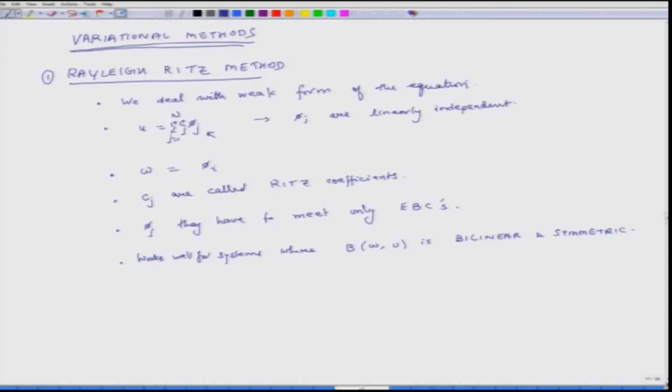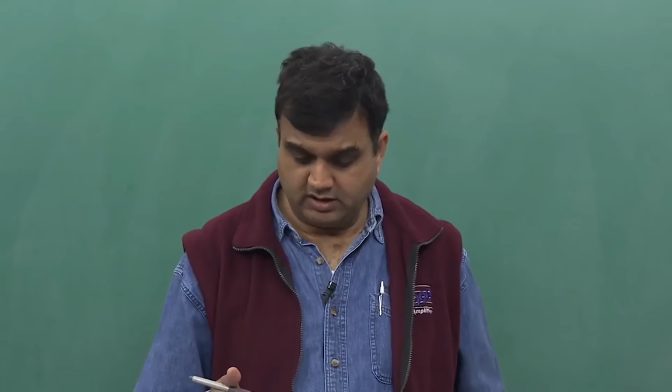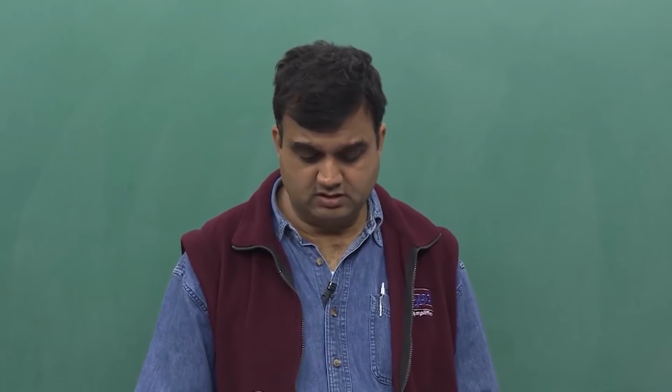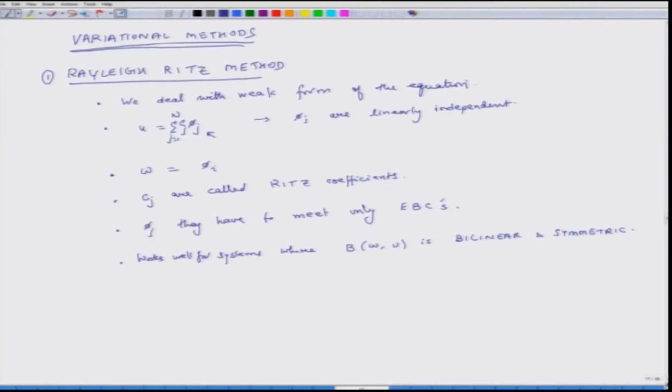If it is not bilinear and symmetric, then we may end up getting nonlinear equations in the c's, so then we have to figure out how to solve them. But for bilinear symmetric functionals represented by B(W,U), it works really well, and it's pretty straightforward. So we will discuss this further.